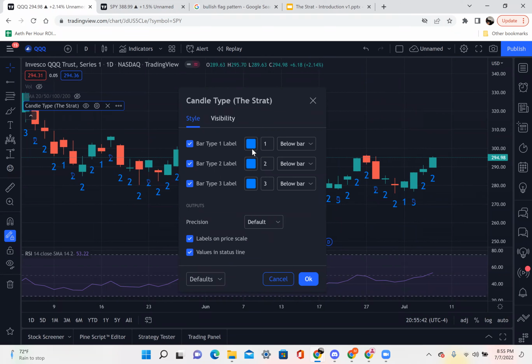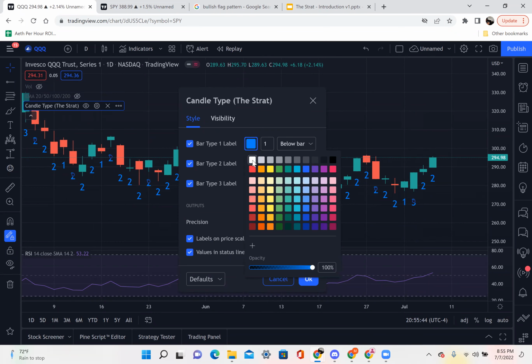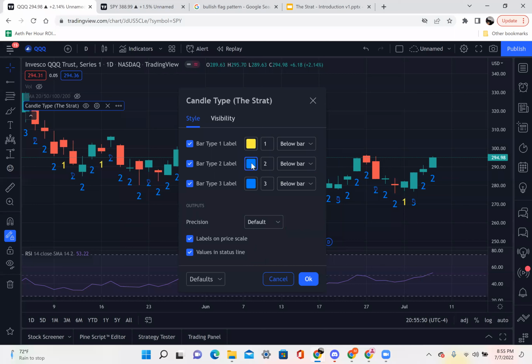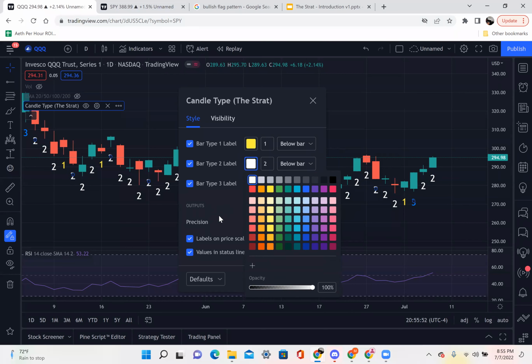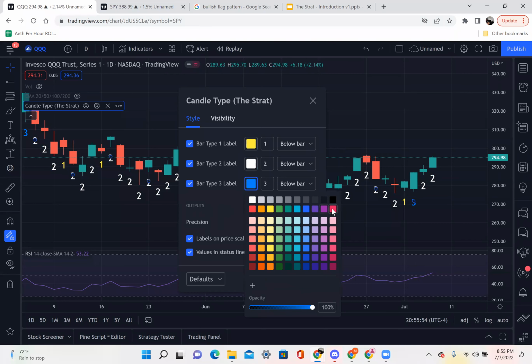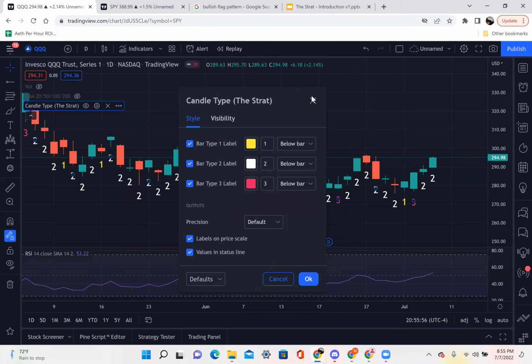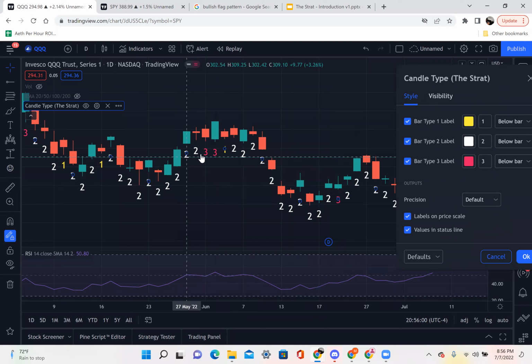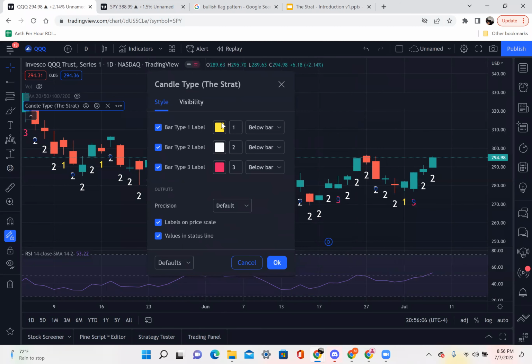So let's say your 1 bars, you make them whatever colors you want. Let's say you wanted to make them white. I normally make them yellow. And say your 2 bars, you wanted to make them white. And your 3 bars, you wanted to make them pink. Whatever you want to do. That is what's gonna happen on the chart. As you see, the 3s are gonna turn pink, the 1s yellow, right?